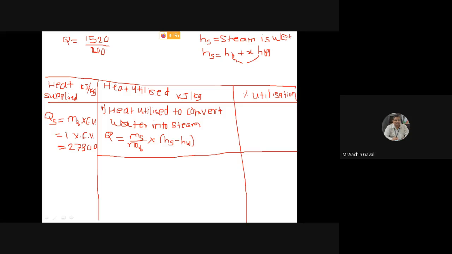At what pressure have they given it? 8.5 bar. At that pressure, we have to go for HF and HFG. Which table number do we have to refer to now? Second.